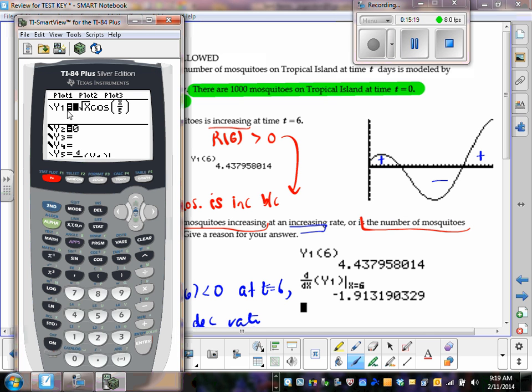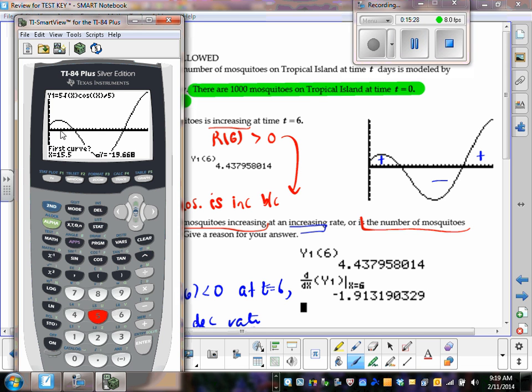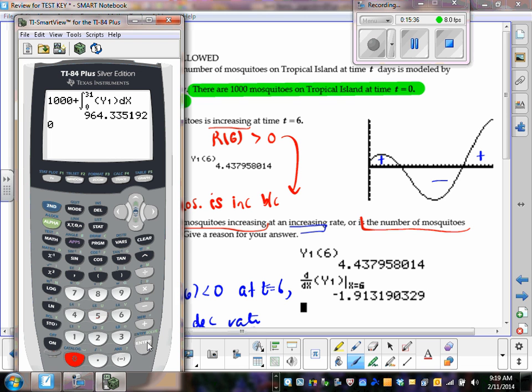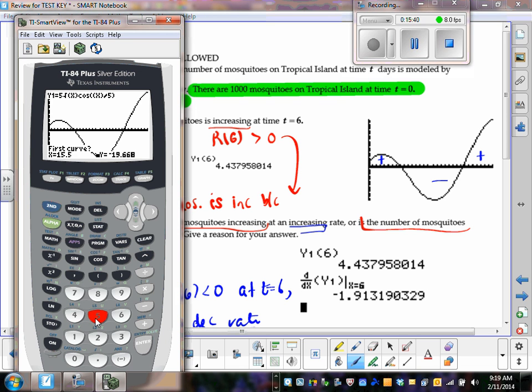I put into my graph the rate and the 0 because I think it's faster to intersect than to find zeros. So I'm going to calculate the intersection. This is somewhere between time 6, where we had a positive, and halfway across, so let's say time 10 or 15. First curve, second curve, somewhere between, let's say, time 6 and time 15.